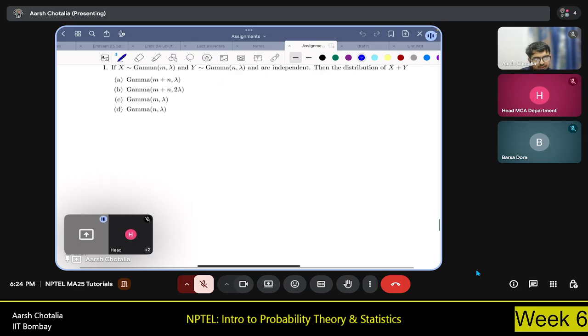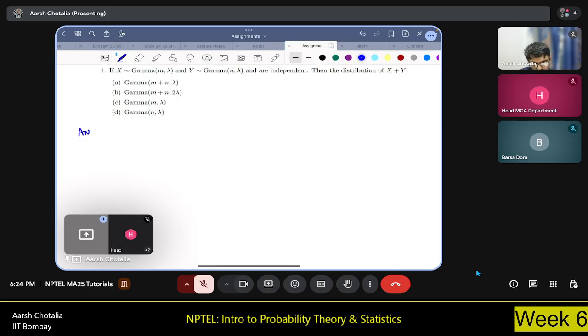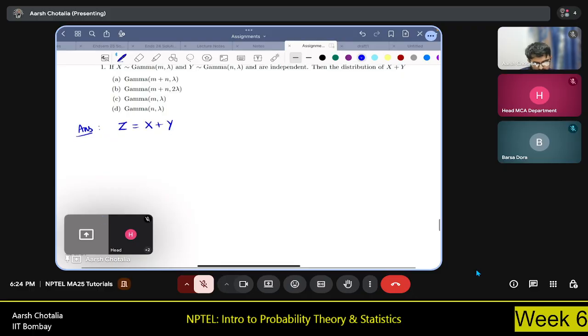But we will do that. So let's do it, and you can do it in parallel with me. We can call Z as X plus Y, and the distribution of Z, as we saw, the formula is that f of X, Y, if this is x, the first argument, then the second has to be z minus x.